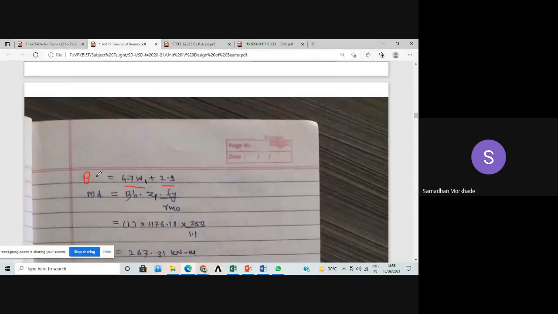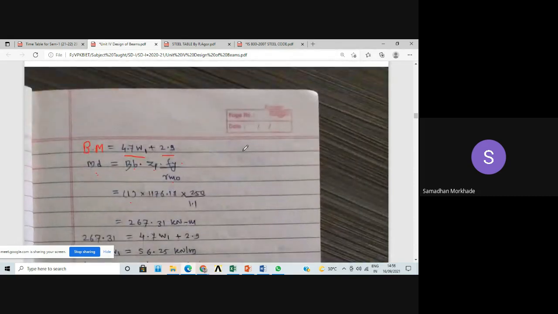Okay, now for the safe design, we have to equate this bending moment to your moment of resistance or design bending strength. So MD is equal to design bending strength. What is the formula? For laterally supported, MD is equal to beta B ZP Fy by gamma m naught. Okay, beta B is 1. Let us assume that the section will become a compact section. Plastic section.